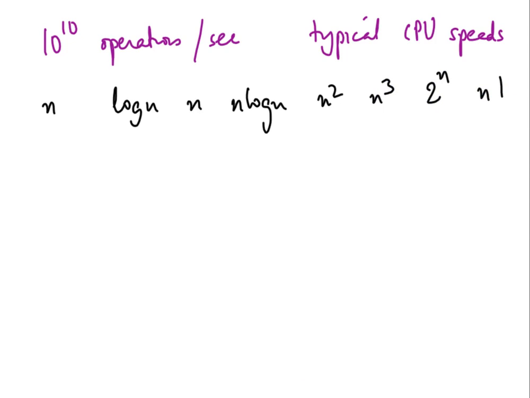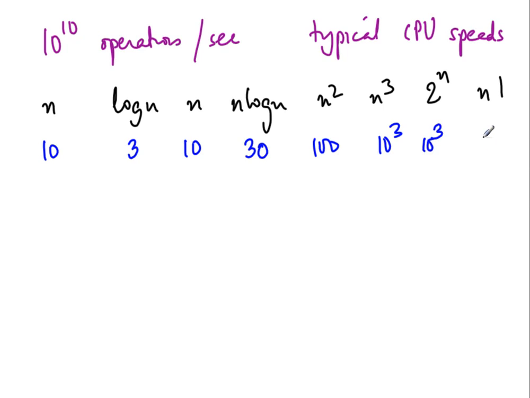And now we can say what happens when n is 10. When n is 10, log n is about 3. n of course is about 10. n log n is n times log n, which is 30. n squared is of course 100. n cubed is 1000. 2 to the n is already also about 1000.